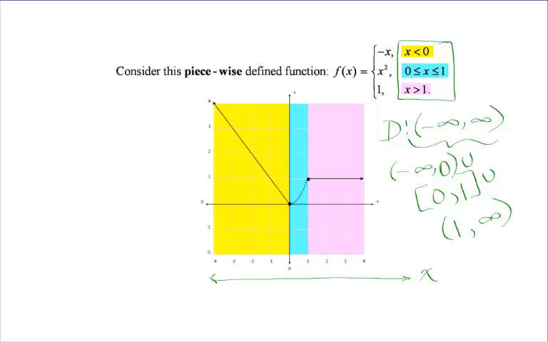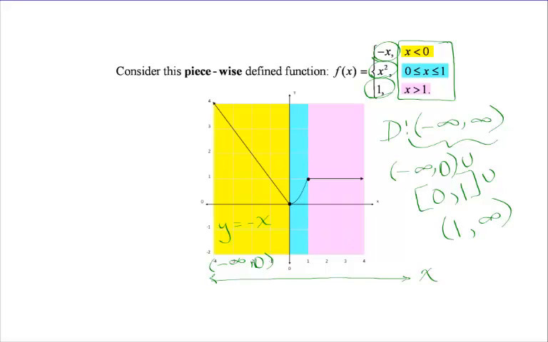That's the entire real number line. But I've broken that domain up into 3 different sets because my function exhibits 3 different function behaviors over its entire domain. For this piece of the domain, from -infinity up to but not including 0, it acts like the function y equals -x. It's a line of slope -1.